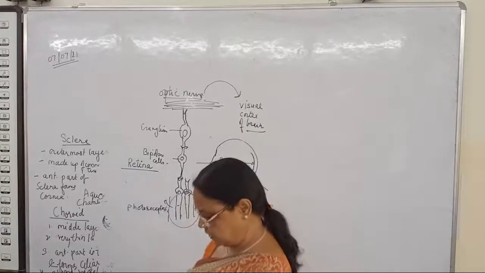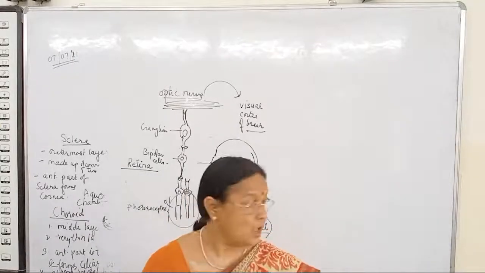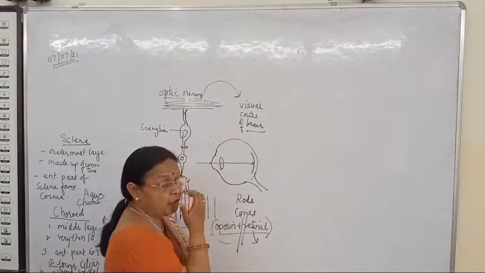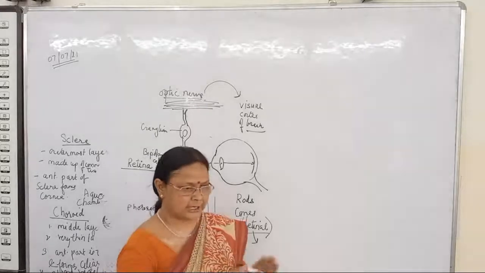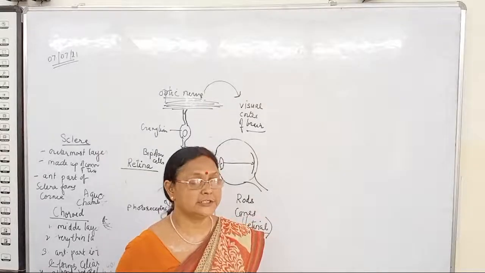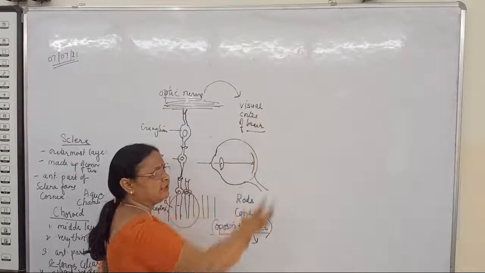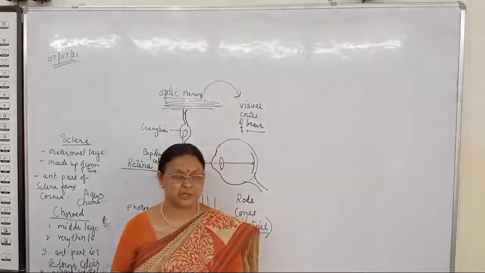Now in the earlier class I told you that the forebrain consists of cerebral hemispheres, and in the cerebral hemisphere, the outer region is the cortex. Each part of the cortex is specialized for sensing.